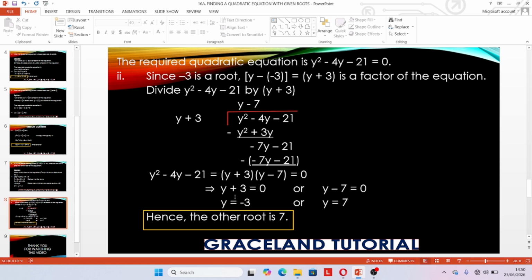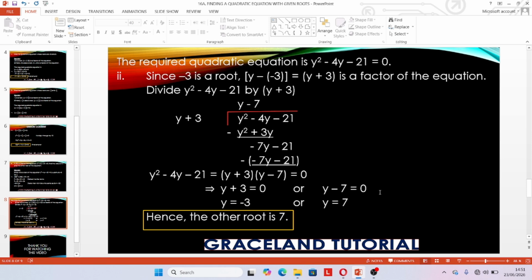So y will be equal to 0. Move plus 3 to the right hand side. That will turn to minus 3. So 0 minus 3 will give minus 3. So we have y is equal to minus 3. Or y will be equal to 0.